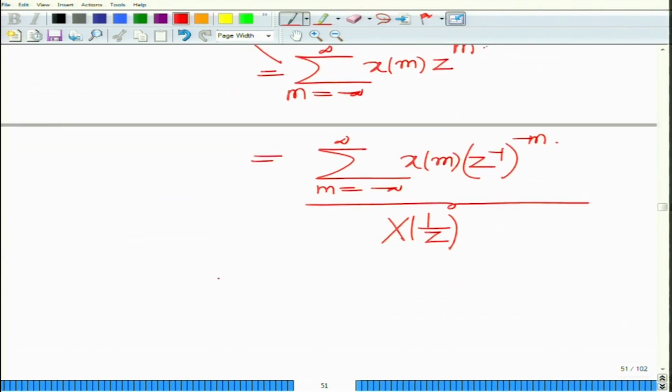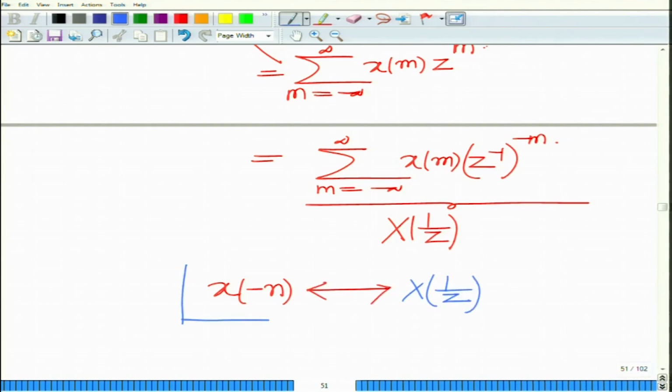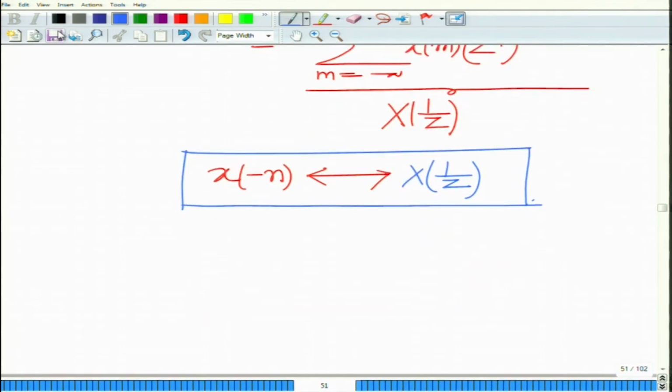So, if you look at the time reversed version of x of n, it has the Z transform x of 1 over z, and naturally the ROC will be such that 1 over z is an element of R.